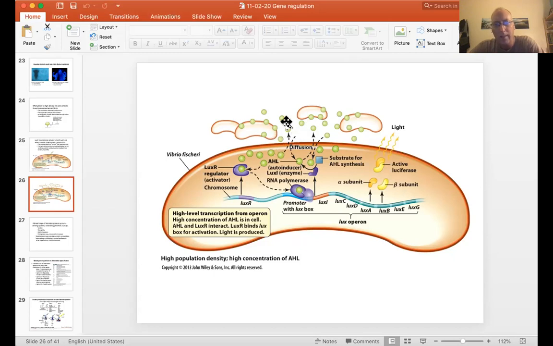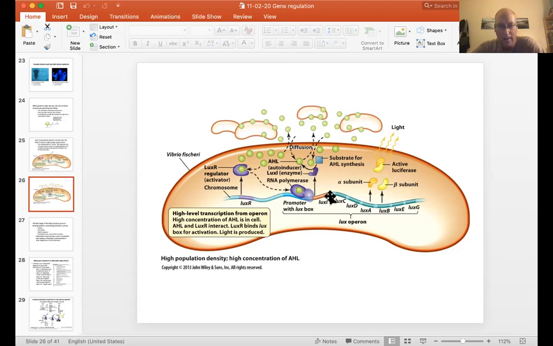As we said, it's equilibrating across the membrane, which means that the concentration of AHL inside the cell is increasing as well, which means that it binds to LuxR, which then binds to its operator and activates the RNA polymerase to express this gene, or this operon. And so that makes more luciferase, it makes more of the substrate for luciferase, and it makes more AHL.